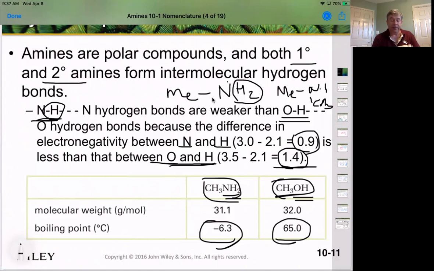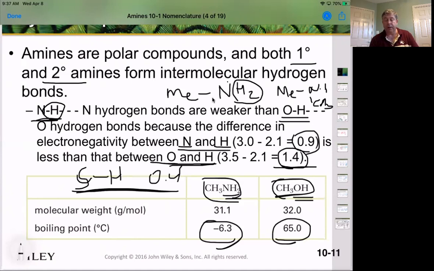Now, remember that if we looked at the hydrogen bonding on our thiols, the difference there is 0.4, and that doesn't do any hydrogen bonding at all. So our thiol doesn't hydrogen bond. Our amines hydrogen bond, but not as strongly as our alcohols. So in looking at that series, it's right in between the hydrogen bonding ability of thiols and the hydrogen bonding ability of alcohols. And that concludes section 1 of amines.